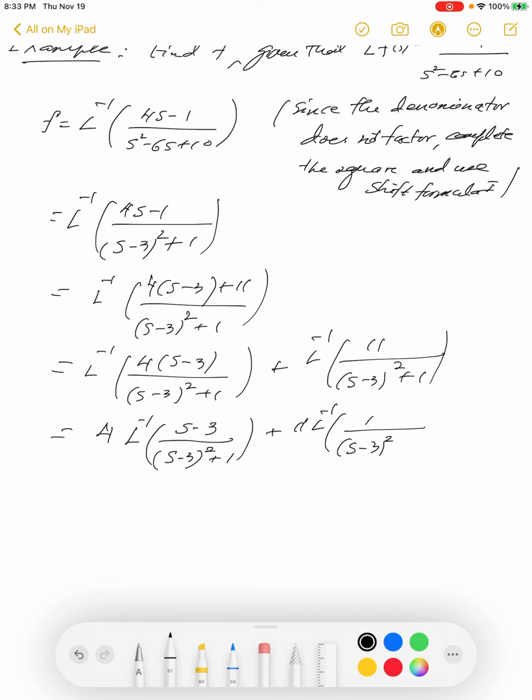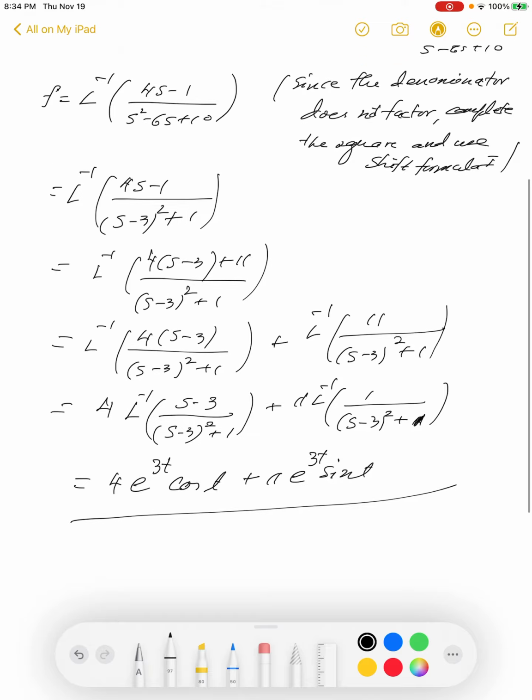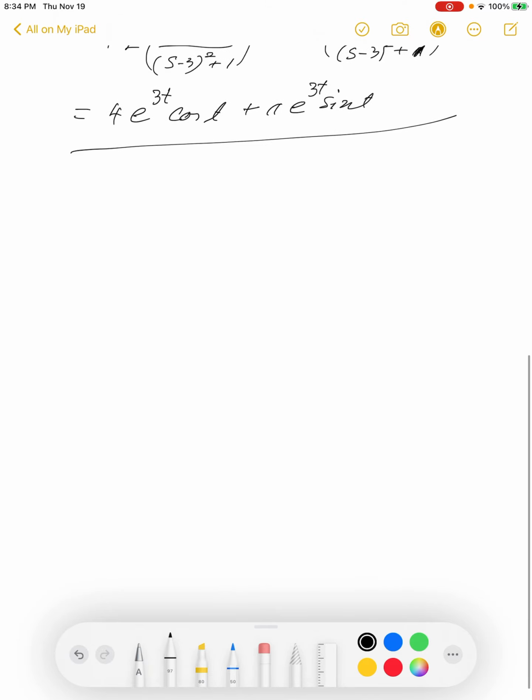Similarly, the second term is the Laplace transform of sine t shifted by 3. So the inverse transform of this will be e to the 3t cos t, and the inverse transform of that will be e to the 3t sine t. So this is the way you use shift formula 1 to find inverse transforms. In doing so, you have to use the completing square trick.